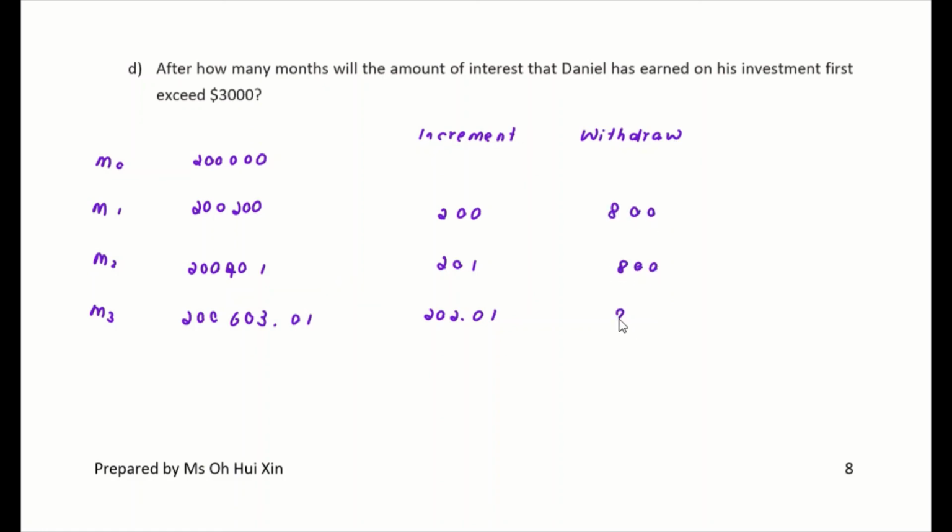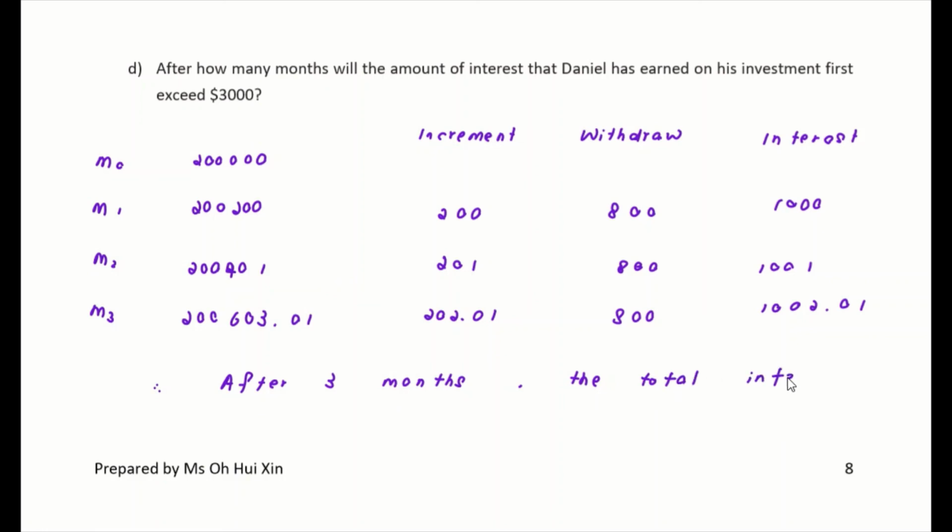So the total interest generated is equal to the sum of the increment and the withdrawal, which is 1,000, 1,001, and 1,002.01. So this is after 3 months. Then you can write down the total money that he earned after 3 months, so the total interest.